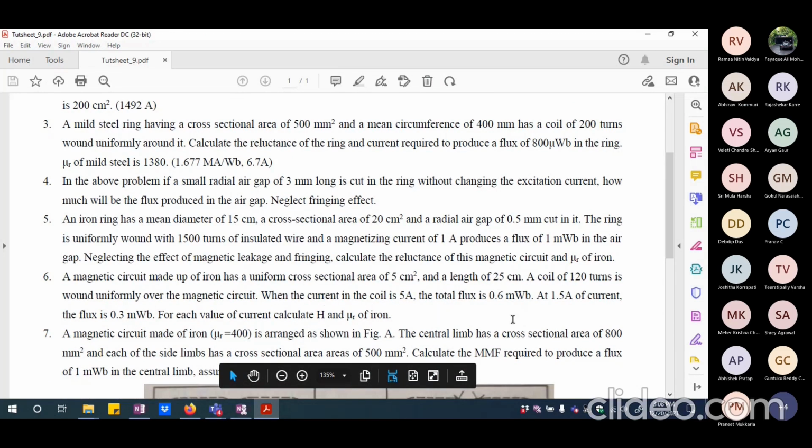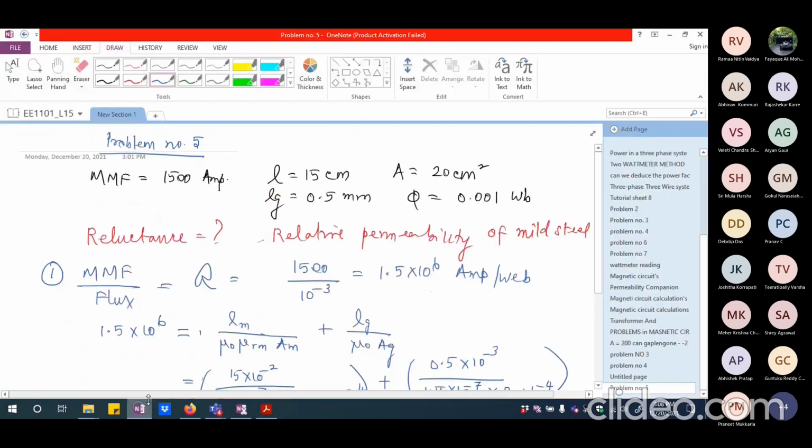When the current in the coil is 5 ampere, the total flux is 0.6 milliweber. At 1.5 ampere of current, the flux is 0.3 milliweber. For each of these two values of current, calculate H and mu R of iron. So that is what is being asked. Okay, so let's try to do this problem.